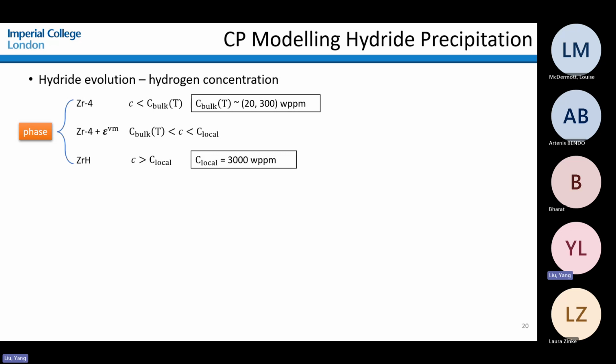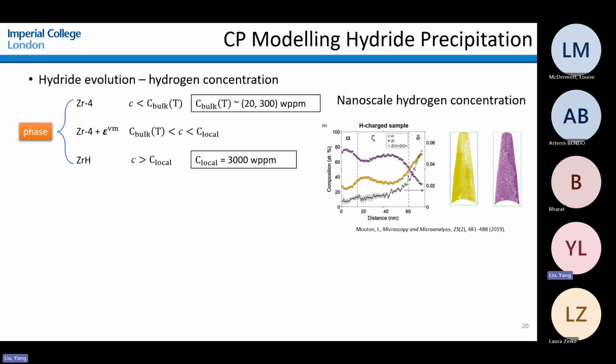Whereas the local hydrides, when observed at the nanoscale from a technique called atom probe tomography, would give you the local atomic hydrogen concentration near the hydrides and also inside the hydrides. This would give you the gap between the hydride at the local and the bulk.